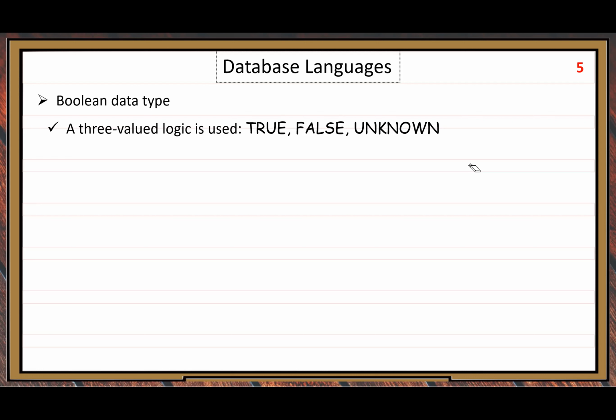But here, specifically in SQL, we need to change our mind to 3-valued logic: true, false, unknown. Why do you need to add an unknown third possible Boolean value? Due to null values. When a null value is involved, can you say true?